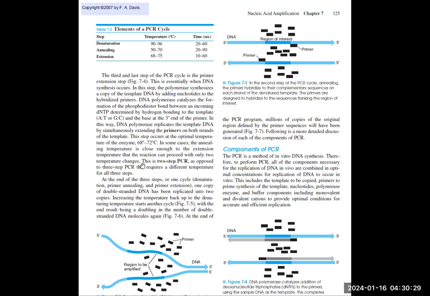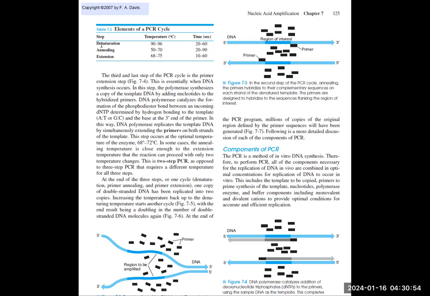And in some cases, the annealing temperature is close enough to the extension temperature. That's why we have the two-step PCR as opposed to the three-step. But this one is not so common. So the most common is the three-step PCR. So at the end of the three steps or one cycle, see? So one cycle is composed of three steps.